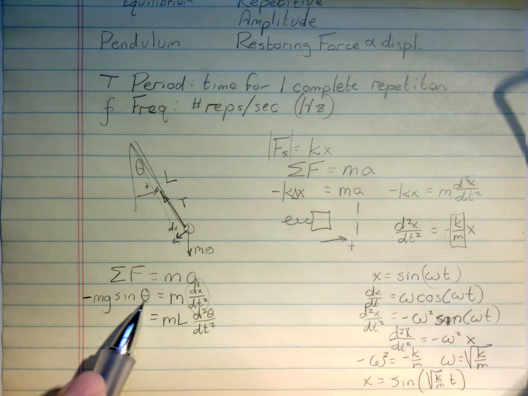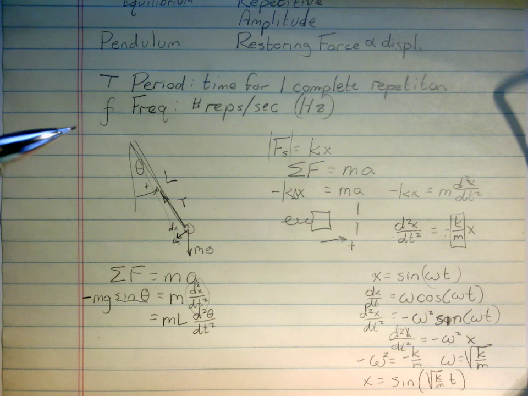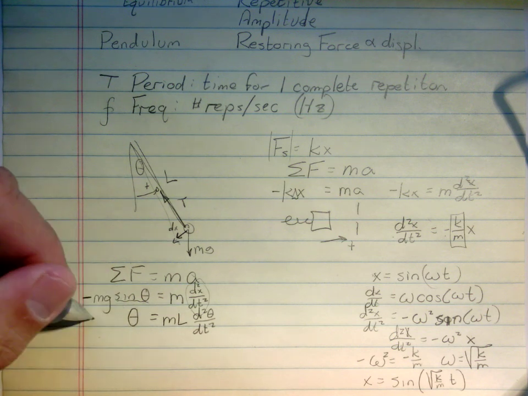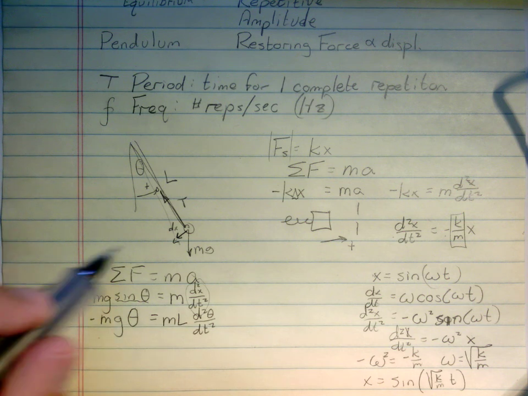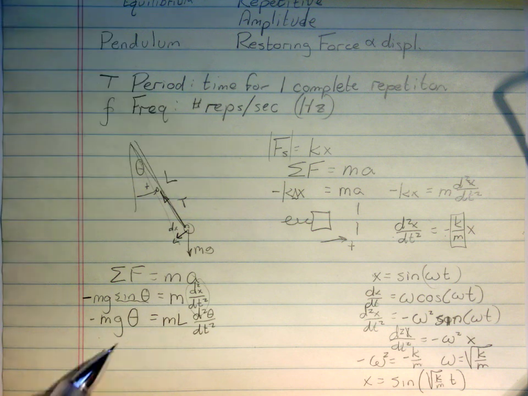And I'm also going to do a trick here. For very small values of theta, we call it the small angle approximation, theta is equal to sine of theta. You can plug it in radians and see that we're really talking about below about 25 degrees, 20 degrees. The pendulum is already nonlinear, and it doesn't obey this at large angles.